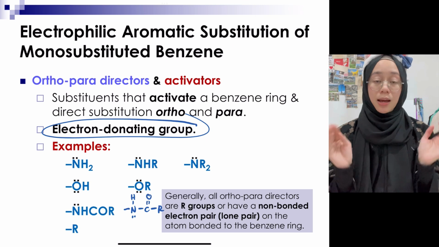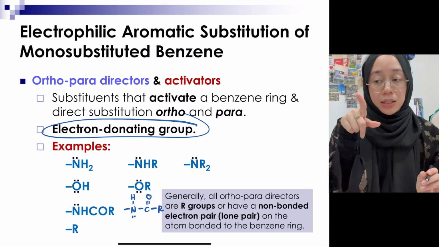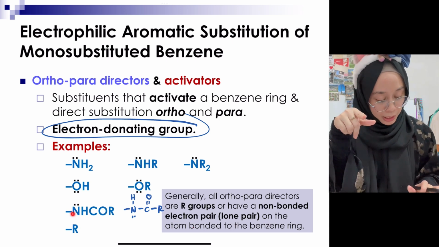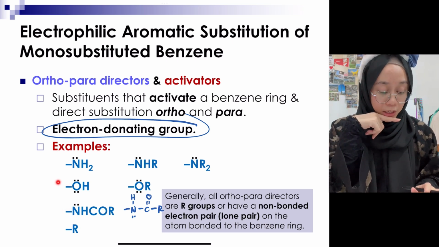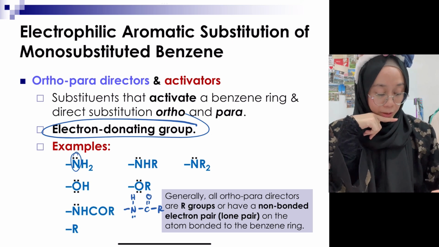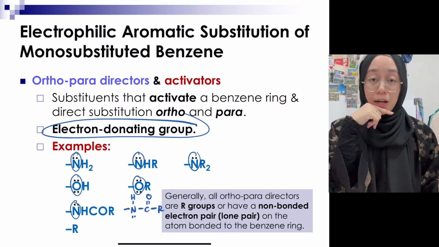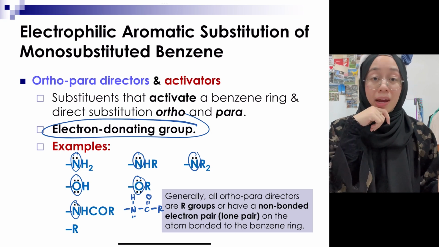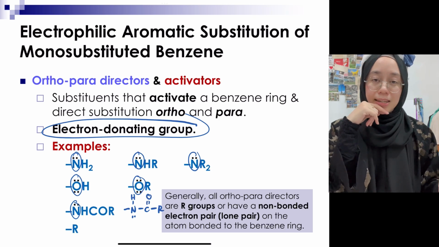So what about the other ones? We focus on the atom that is directly attached to the benzene ring. Focus on the atom bonded to the benzene ring, meaning if you look at this line, it connects to the benzene ring. So we focus on that one atom directly attached to the benzene ring. What similarity do you see in all of these? All of them have at least one lone pair. So when there is a lone pair, that is the characteristic of ortho-para directors or activators.